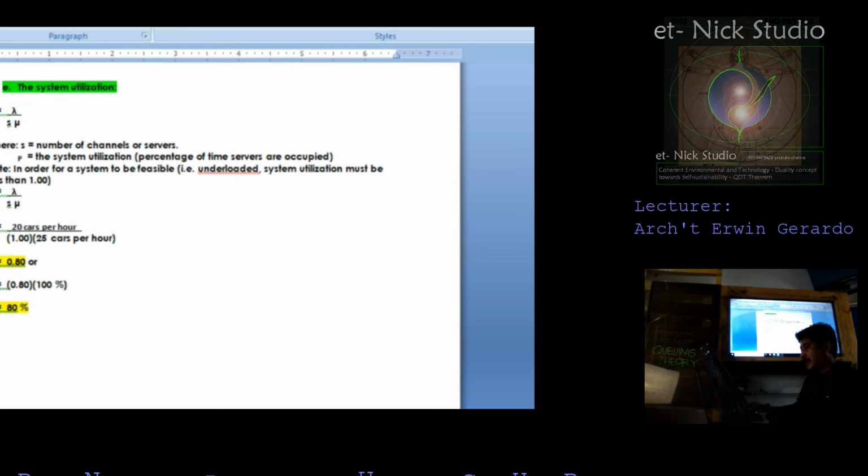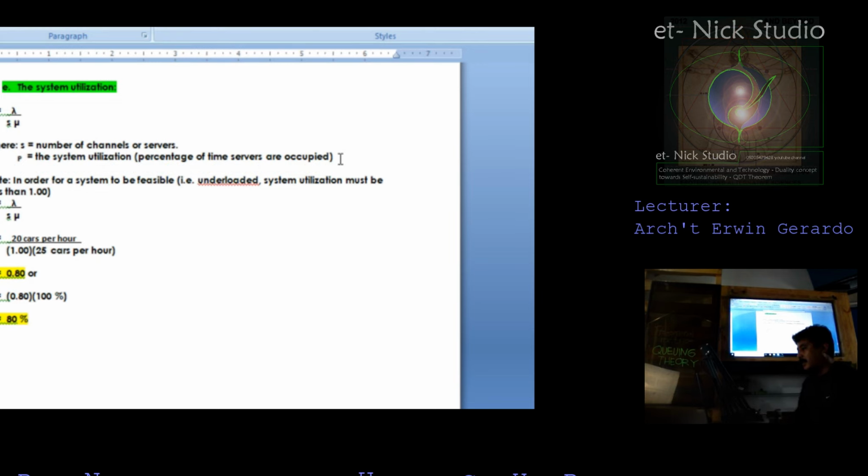Note, in order for a system to be feasible, underloaded, system utilization must be less than 1. So P therefore is alpha divided by the number of servers or channels in the system times mu.